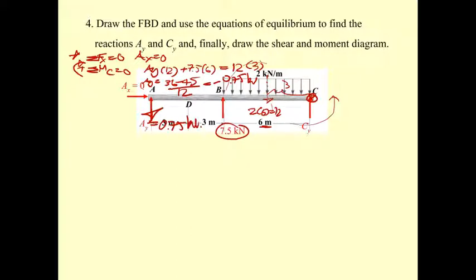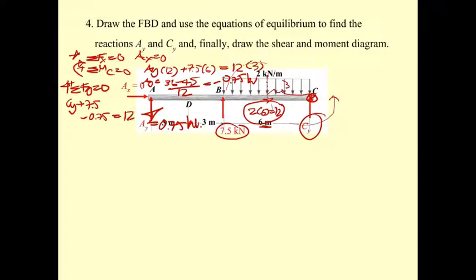Okay, and now you get the summation of F sub y equal to 0, and upward is positive. So your C sub y is here, C sub y plus 7.5 and then minus 0.75, and that is going to be equal to 12.